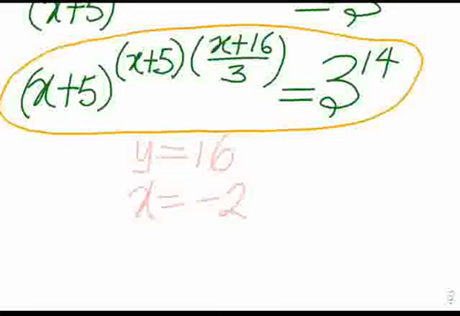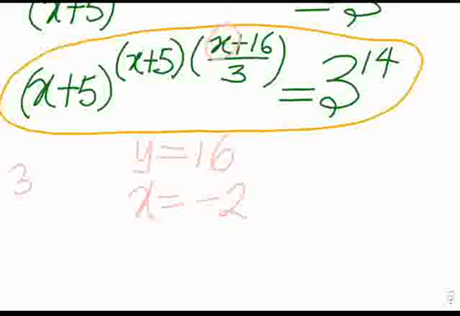If you substitute in minus 2 in here, minus 2 plus 5 gives this 3. You know, this is the base. The base must be equal to 3. So if we substitute in x equals minus 2, minus 2 plus 5 gives the 3.